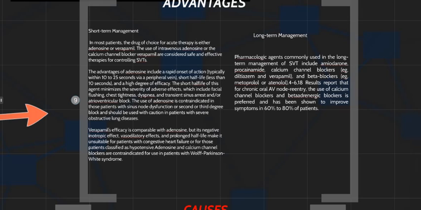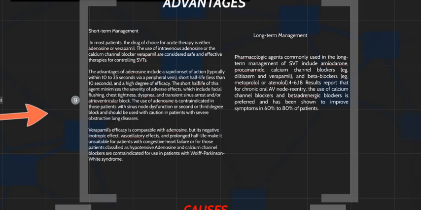The use of adenosine is contraindicated in those patients with sinus node dysfunction or second-degree block, and it should be used with caution in patients with severe obstructive lung disease.